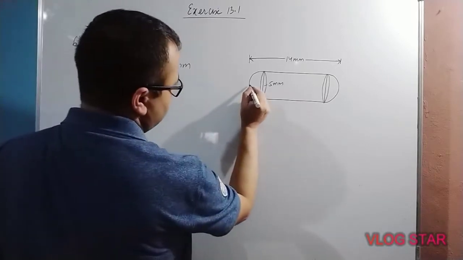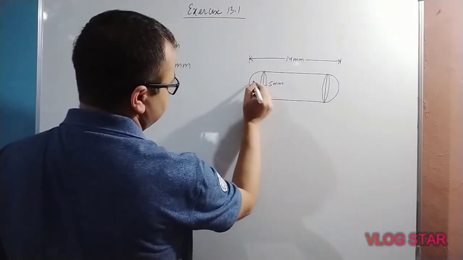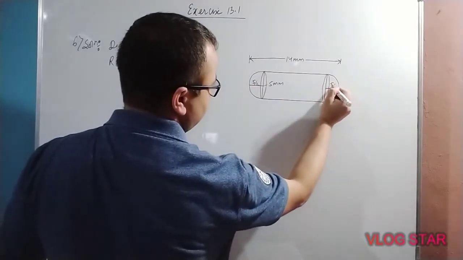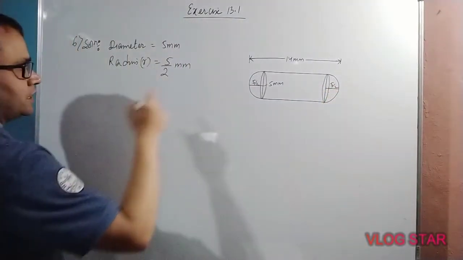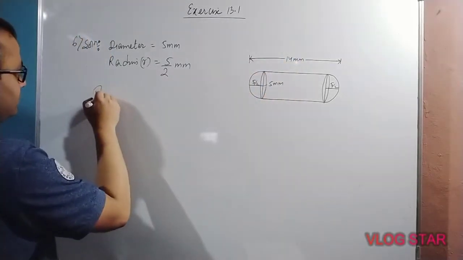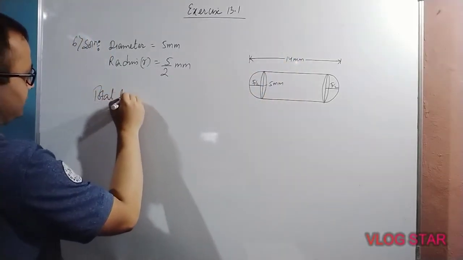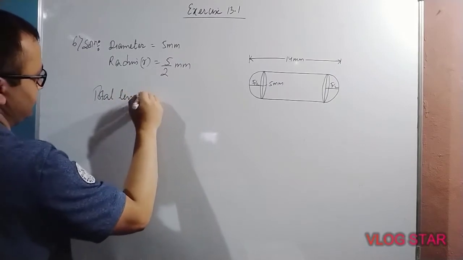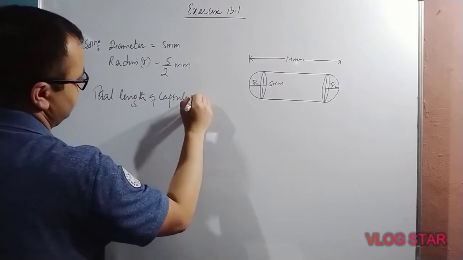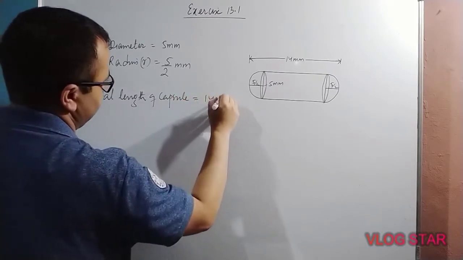This is 5 by 2, this is also 5 by 2. It is given that the total length of the capsule is 14 millimeter.